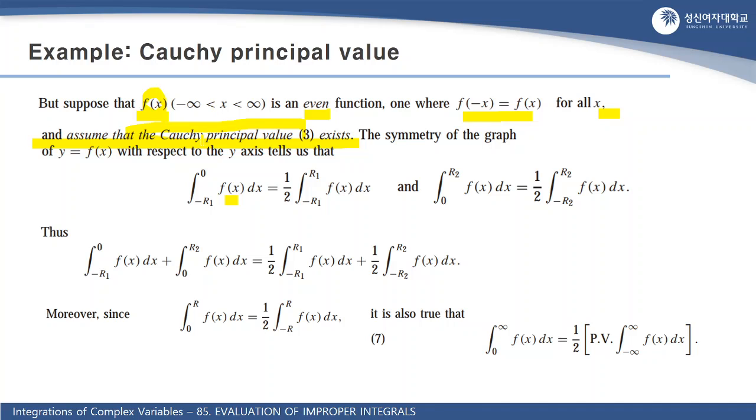Because f of x is even, its integral from negative R1 to 0 equals half the integral from negative R1 to R1, just because of the symmetry inherent in an even function.